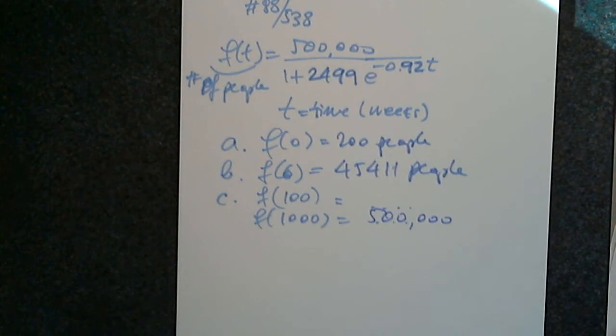We are making an assumption that the town does not have more than 500,000 people, and we don't have visitors. We don't have people coming in. So how many people can get sick? Not more than the number of people living in the town, and that's 500,000.